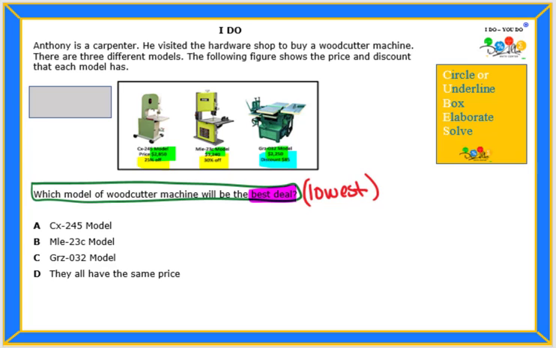So in our first model, we're going to make the percent bar from 0 to 100%. And we know that 100% is the full price, which is $2,850. And in this particular model, we can get 25% off. So we're going to mark 25%. And we want to know what dollar amount that would be.